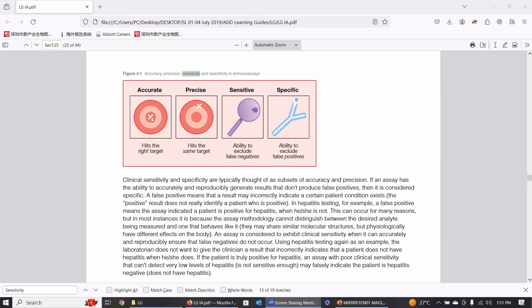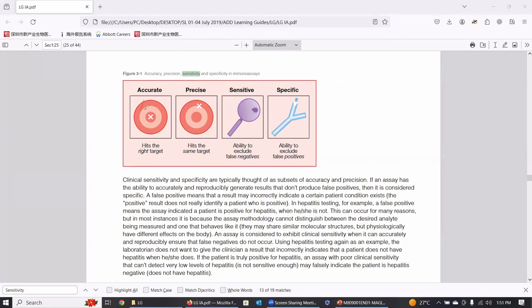But if your result is 86 and the target value was 146, it means your result is inaccurate, which did not hit the right target. Okay, so I can explain this area.